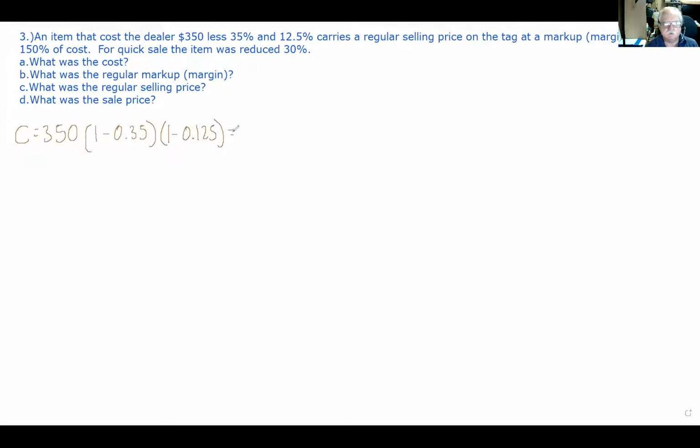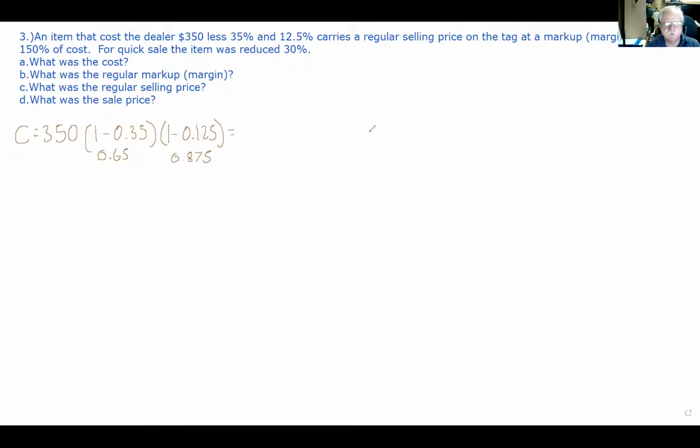So their real cost is not 350. The real cost is once we've solved this, and this is what they want us to do for part A. So 1 minus 35% should be 65%, so 0.65, and 1 minus 0.125 should be something like 0.875, but I'll check that to make sure I'm not screwing it up. 1 minus 12.5%.